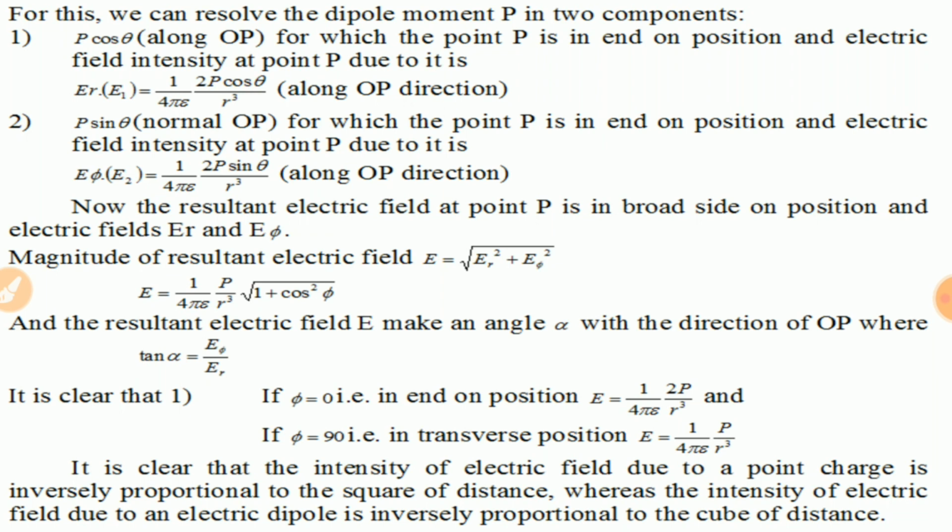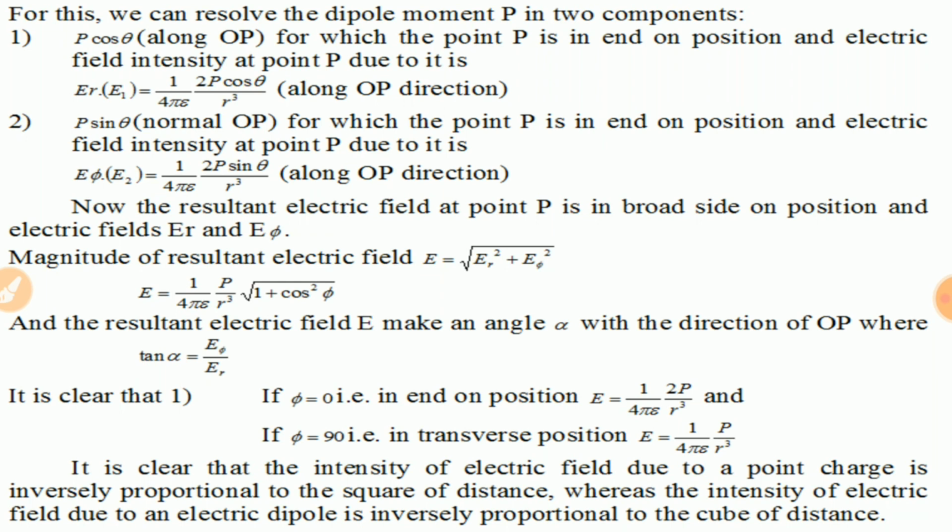And second, P sin theta normal to OP, for which the point P is in the transverse position, and the electric field intensity at point P due to it is E theta, which is equal to E2, equal to 1 upon 4 pi epsilon, 2p sin theta upon r cube.